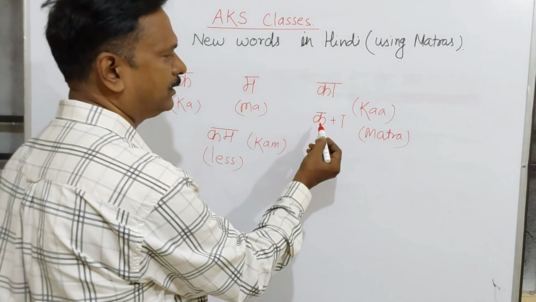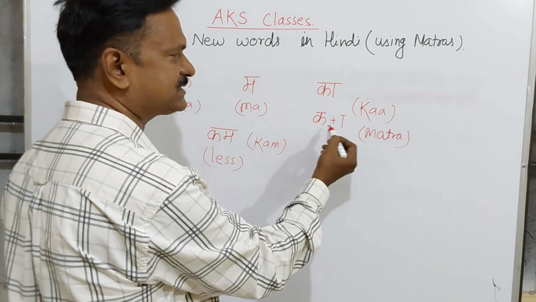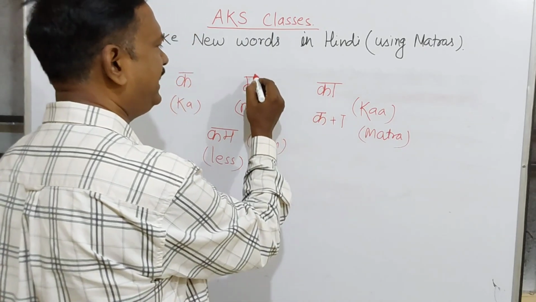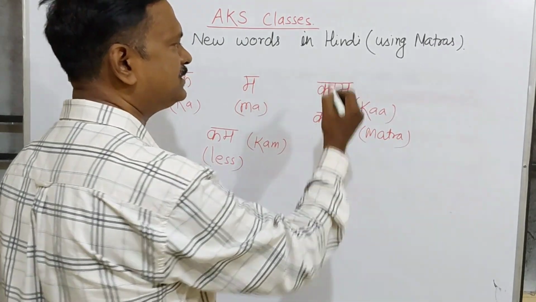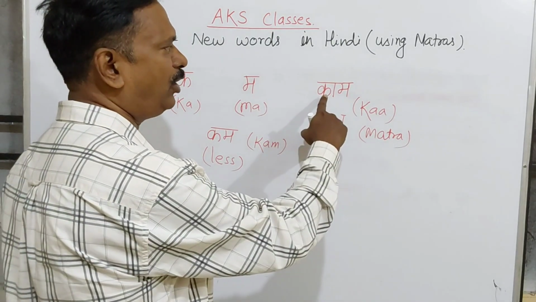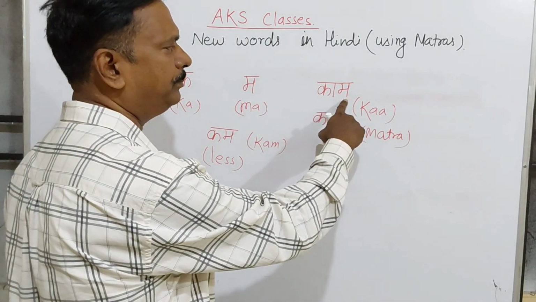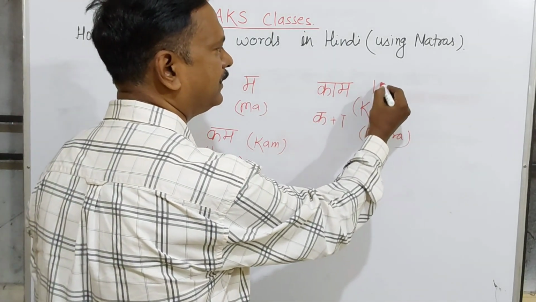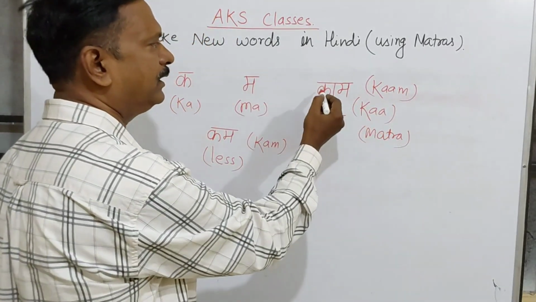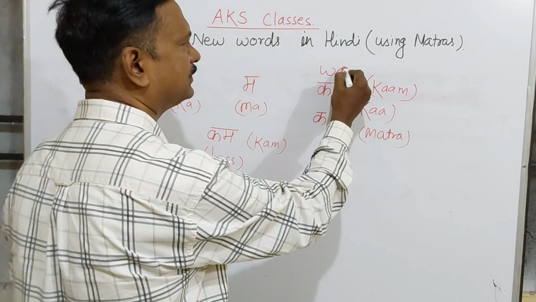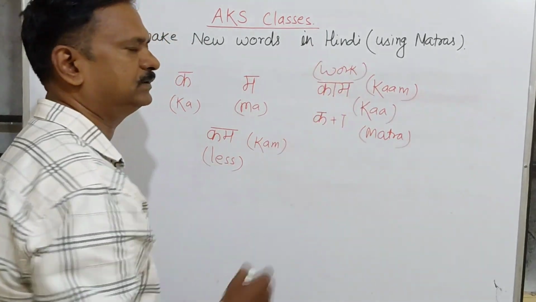So ka plus a, that is ka, and when I add this ma also, now it becomes kaam. We pronounce this as kaam. Kaam means work.